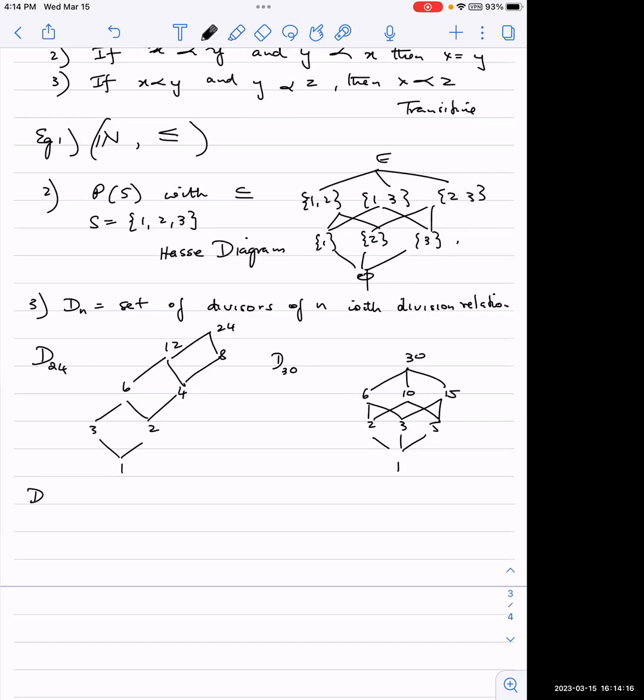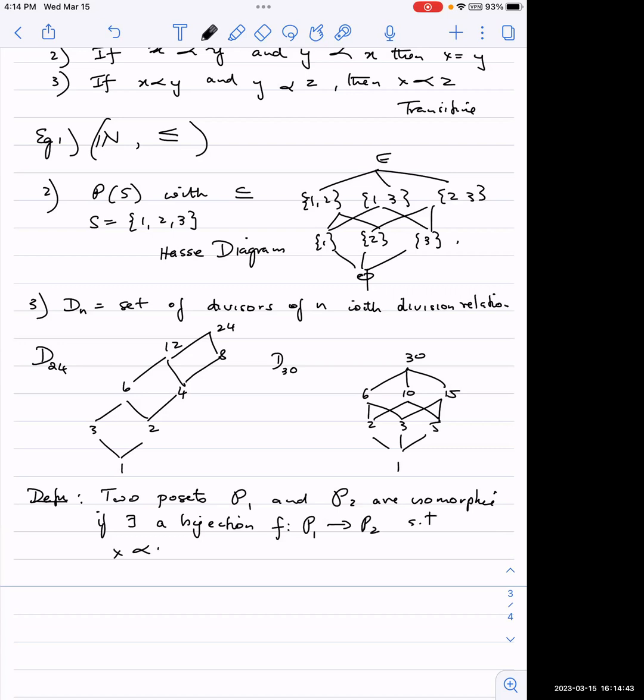And two posets, P1 and P2, are isomorphic if there is a bijection, the one that you would sort of expect, f from P1 to P2, such that x is less than y if and only if f of x is less than f of y.